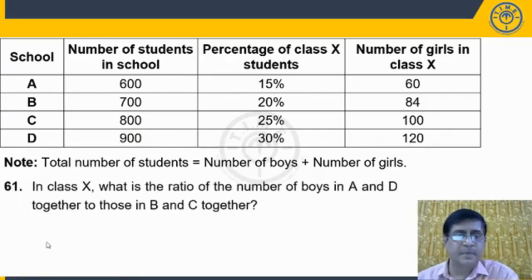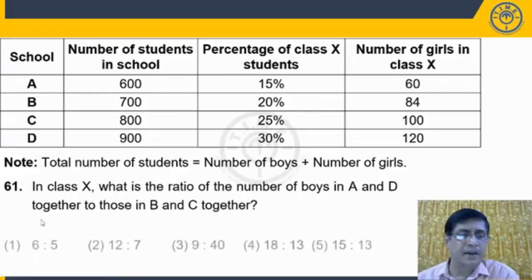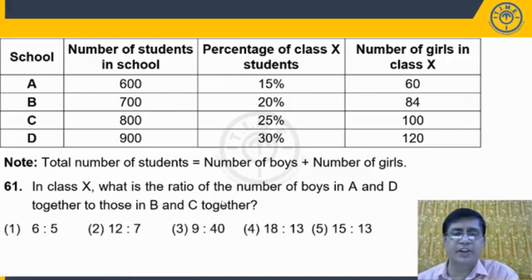Next. In class 10th, what is the ratio of the number of boys in A and D together to those in B and C together? Number of boys in A, how many? 30. I will write here A 30, and what about the next one? D, it is 150.